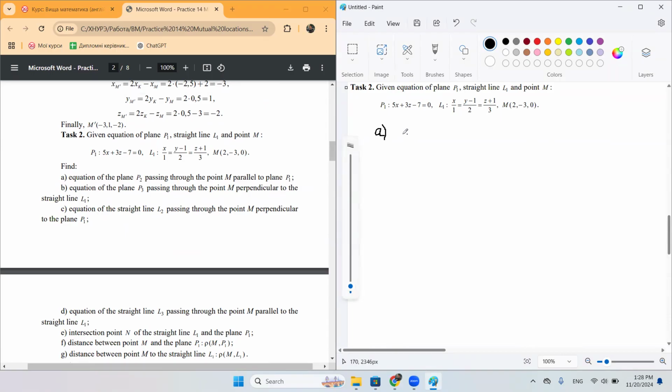How to solve? What do we need for it? So we have point M that belongs to P2. What else do we need? No ideas.